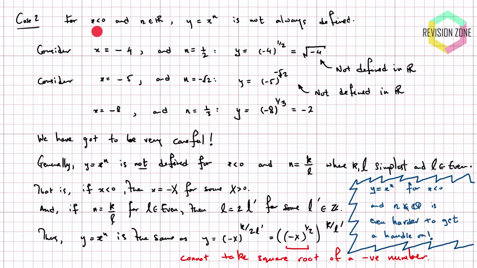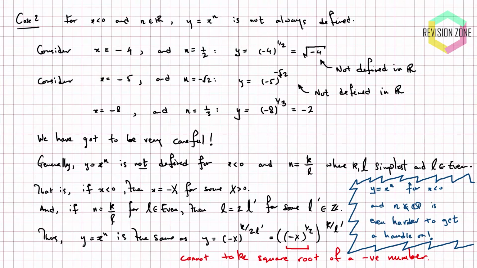So if x was actually negative, and if n was a real number, the problem is y equals x to the n is not actually always defined, right? Which might come as a surprise to you, but perhaps if you consider some of the examples I've laid out here, things will start to make more sense.